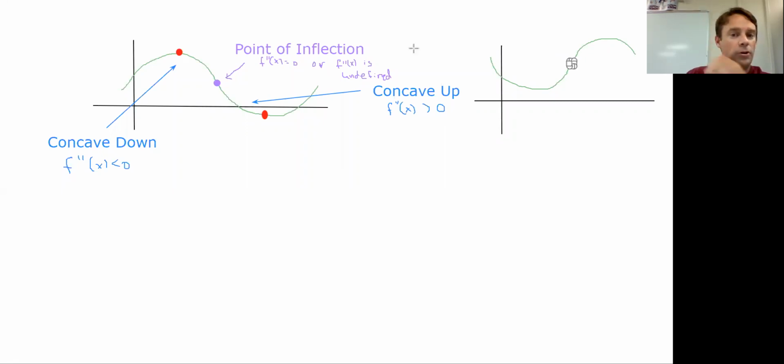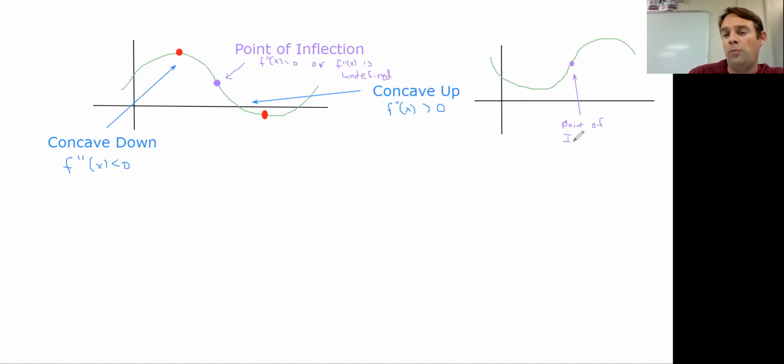So what we end up doing today is something very similar to what we did last time. We're going to test the derivatives and make sure that it changes. However, please realize that it doesn't really matter how it changes. For relative extrema, we had two different types, relative max and relative min, so we had to talk about how it changed.